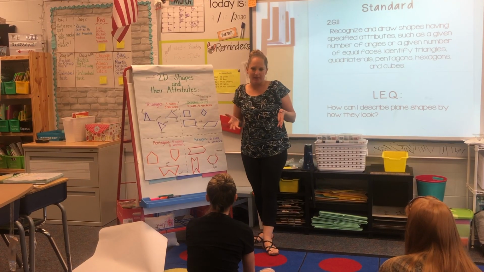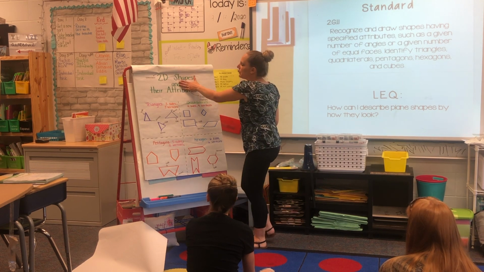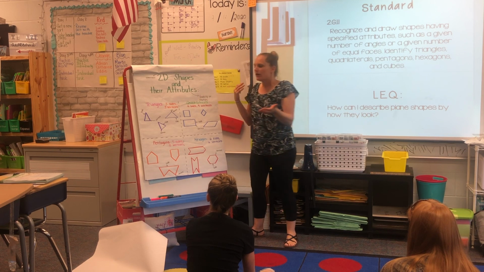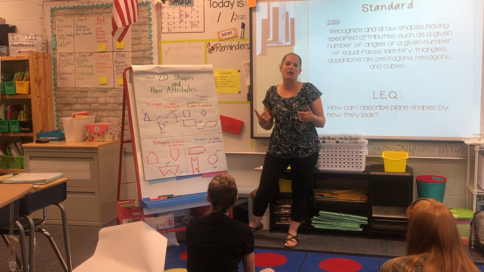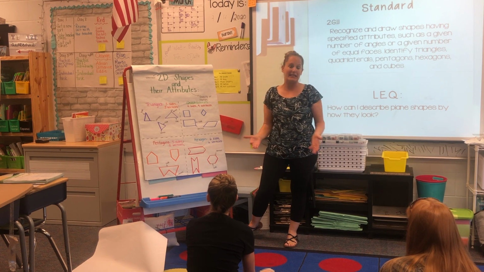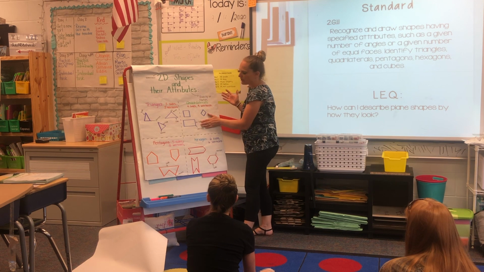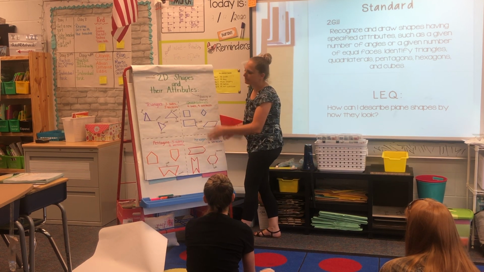So yesterday, you did a Nearpod lesson and you talked about 2D shapes and their attributes. These are all different types of polygons, and in a minute, we are going to talk about what a polygon is. And we talked about triangles, quadrilaterals, pentagons, hexagons.